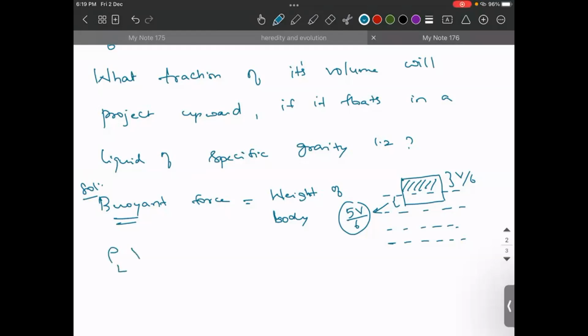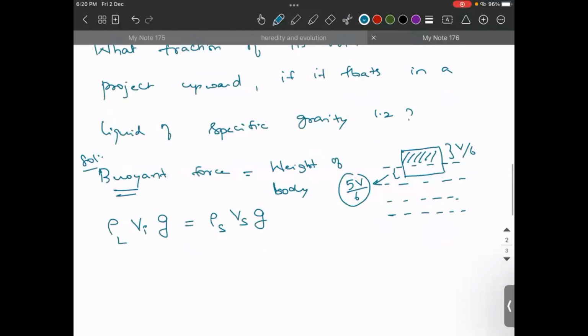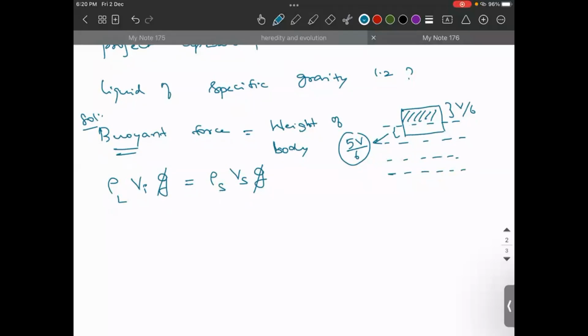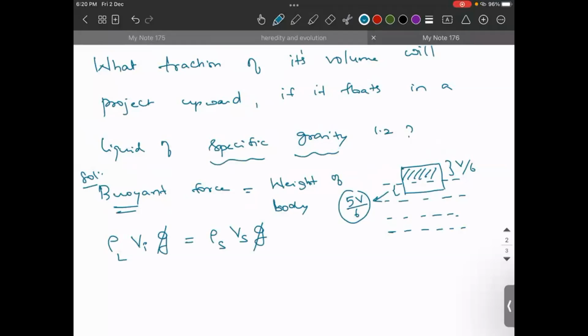It is the density of liquid into volume of the immersed portion of the solid into g, is equal to what is going to be the weight of the body? It is going to be the density of solid into volume of solid into g. So g and g are lost. So what is the density of liquid that is given? What is the meaning of specific gravity? Specific gravity is also called relative density.